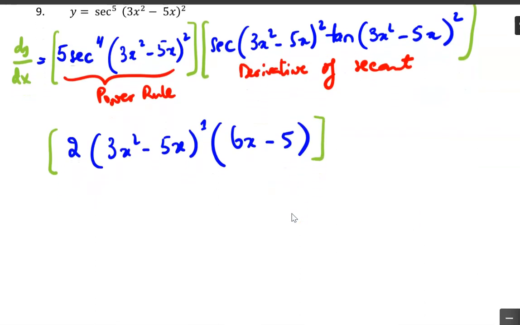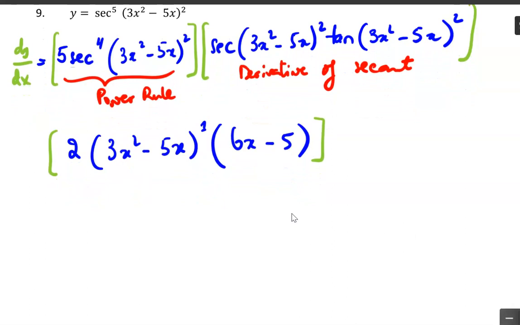Okay, so how do we write this as our final answer? Basically what you do is you write this at the front, and you multiply the coefficients together. So I should have 6x minus 5.